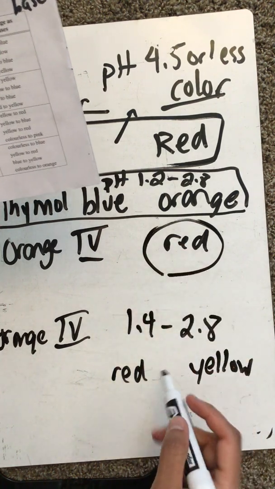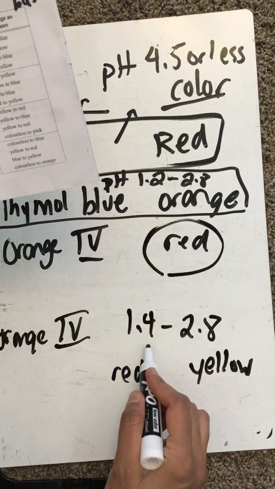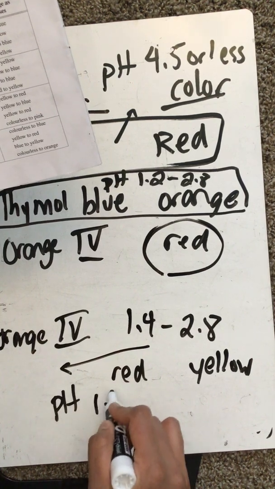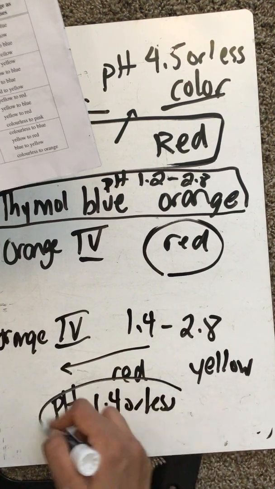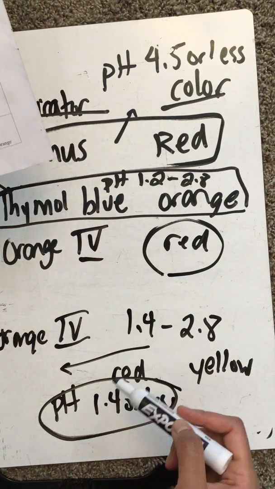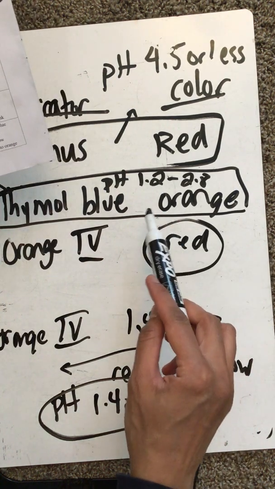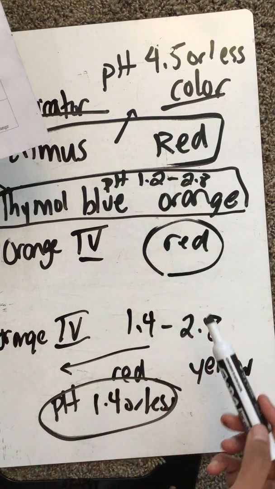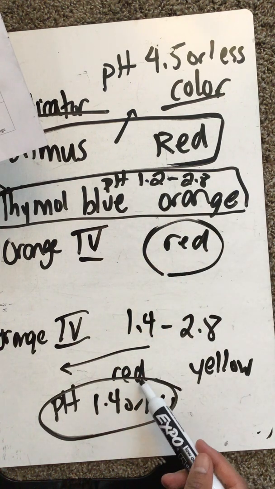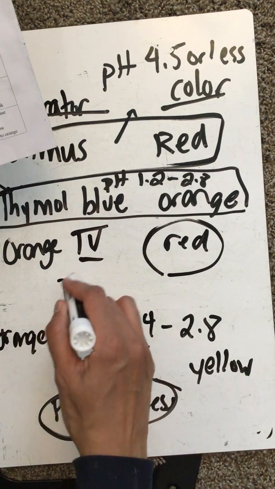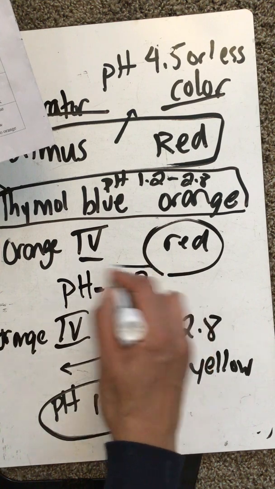It's red, which means the pH has to be 1.4 or less. So if the pH range for thymol blue is 1.2 to 2.8 to make it orange, and orange 4 is red at 1.4 or less, I'm going to estimate my pH to be around 1.3.